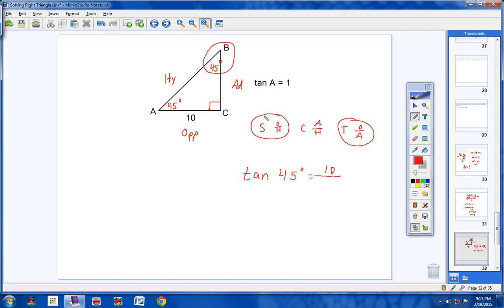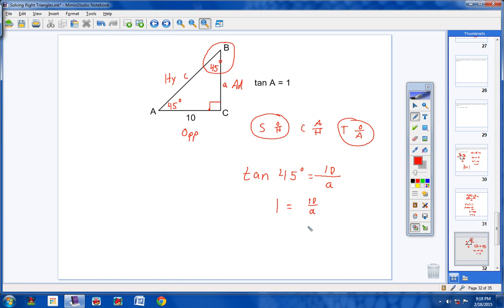My adjacent side is, well, this is a big capital A over here, so let's call this side A. Here's a capital C here. Let's call this over here side C. Okay? So tangent is what? Opposite over adjacent. Here's my opposite. Adjacent would be A. And now remember, tangent of 45 is just a number, okay? Don't forget that. So tangent of 45 is going to be 1 actually. So I'm going to put 1 for tangent of 45 equals 10 over A.